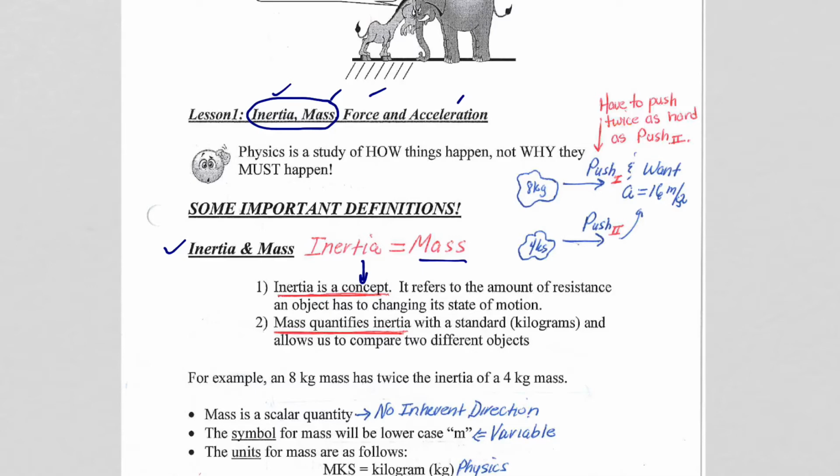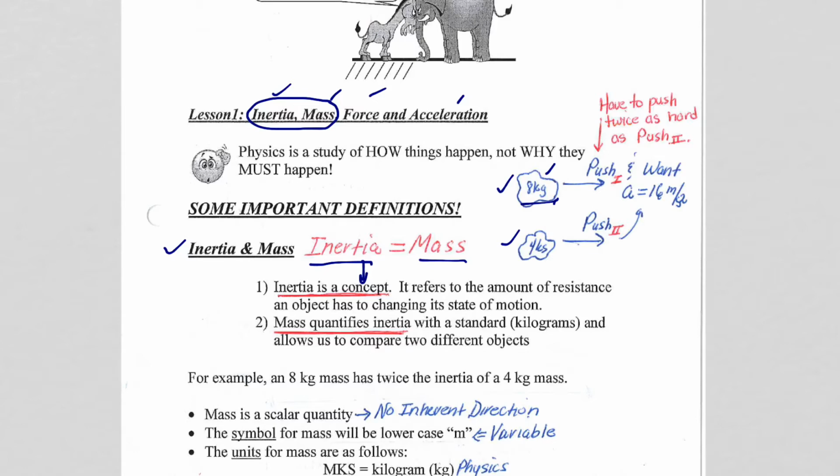So, if you look at our numerical example here, I have an 8 kilogram object and a 4 kilogram object, and we're familiar with those types of measurements from science class in the past. So the 8 kilogram object obviously is twice the mass, and now we're going to say twice the inertia. So we constantly want to link the word inertia with mass. Twice the mass, twice the inertia.